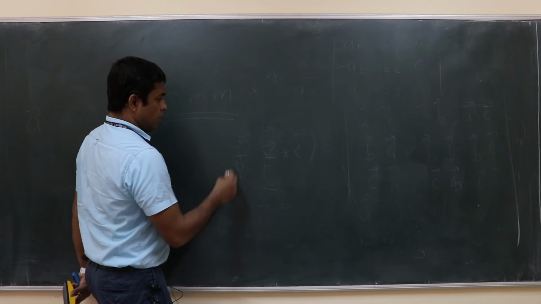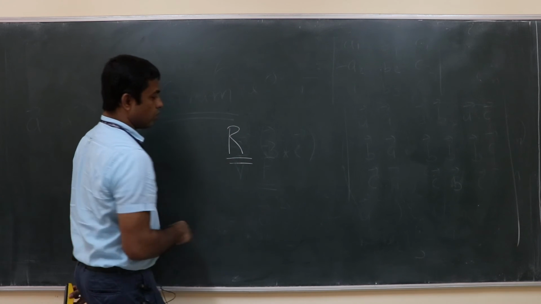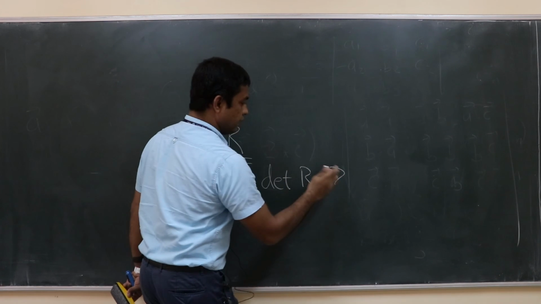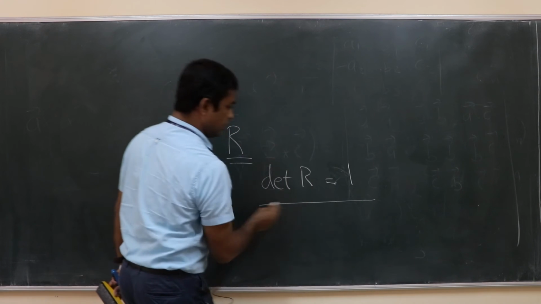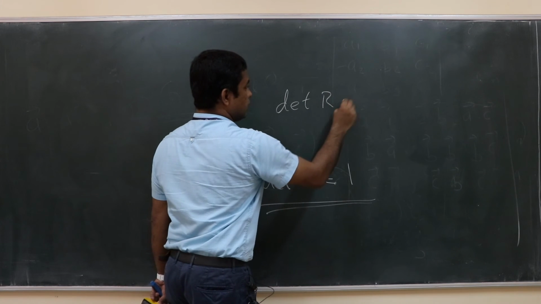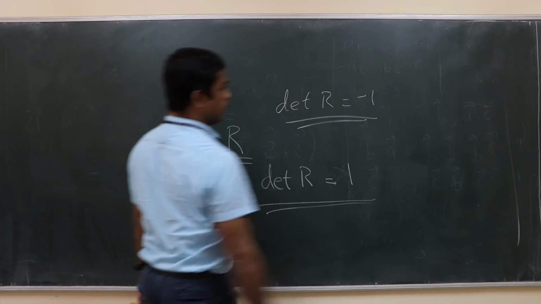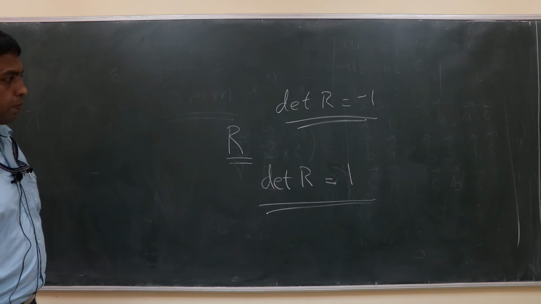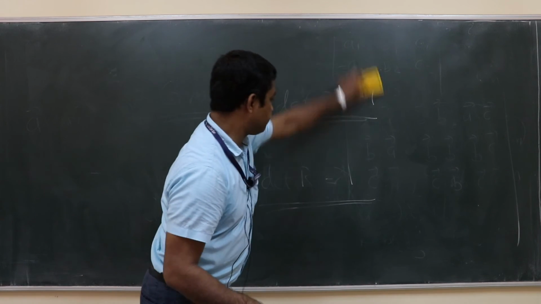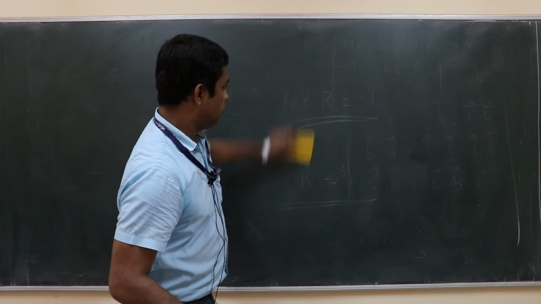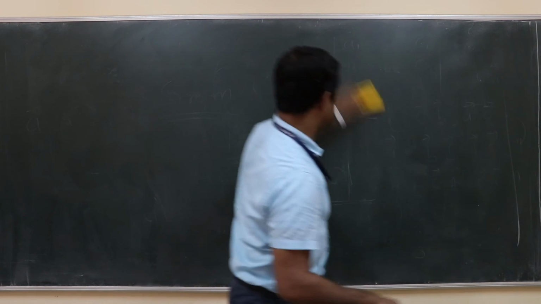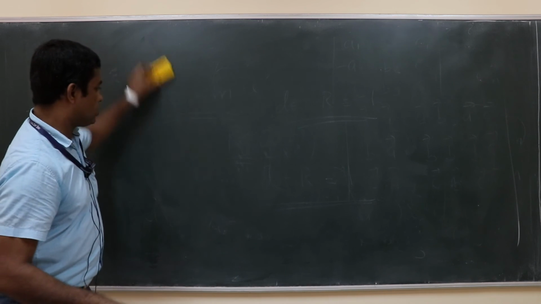For orthogonal matrices, if the determinant of R is equal to 1, we say that it is a proper rotation, and if the determinant of R is equal to -1, we say that it is an improper rotation. So you can see that vectors can actually do these proper and improper rotations. So what is a vector and what is a pseudo vector?